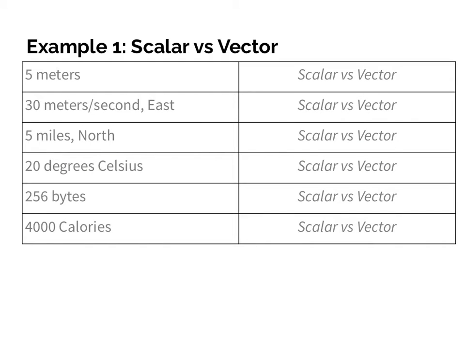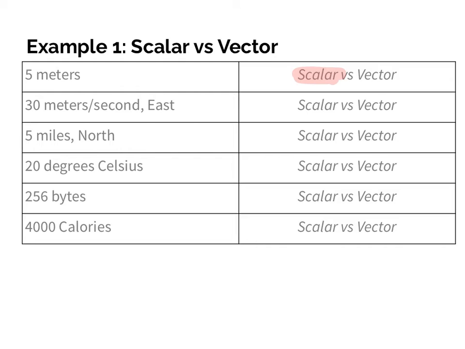So let's go through a quick example of identifying scalar versus vector. As you go through this, think about, for scalar, just an amount. Vector has an amount and a direction. So in this first example, I have 5 meters. Notice that is just given to you as an amount. So 5 meters is technically a scalar quantity because the thing that's missing is direction. Next one, I have 30 meters per second east. East, I thought you meant west.